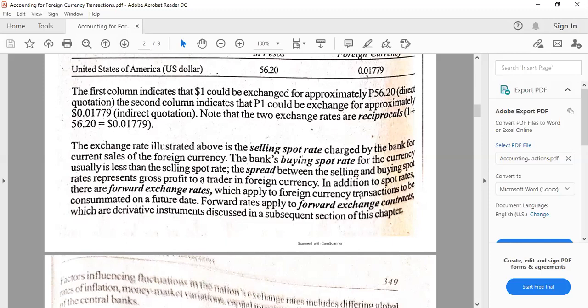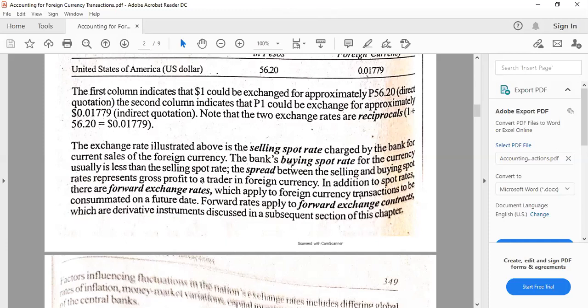Of course, this is business, everyone. So it is normal that when you buy it, it would be low. Then the selling spot rate is going to be higher. So sales is higher than cost of sales. This would be the cost, and this would be the selling price.